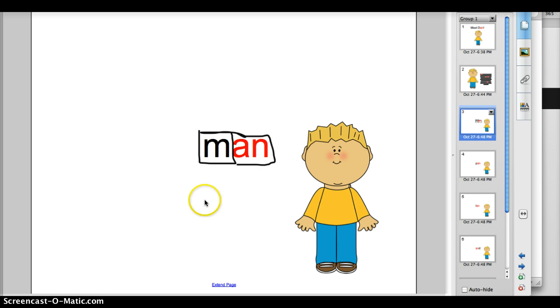I always tell students that when they're trying to sound a word out, it's best if they almost sing it because it's easier to hear what the sounds are when they're close together, and the easiest way to do that is by singing it. So I'll give you an example. If I try to sound this word out and I say "m... an," because of that long pause in between, it's hard for me to hear what that word is.